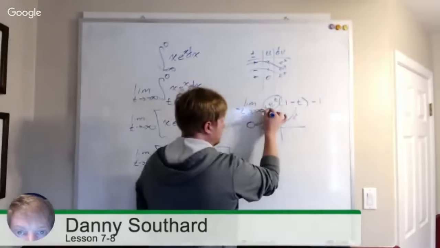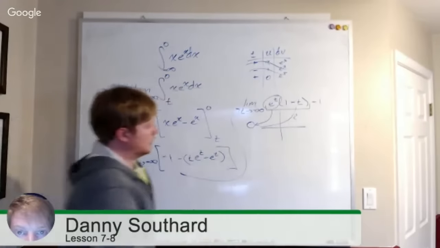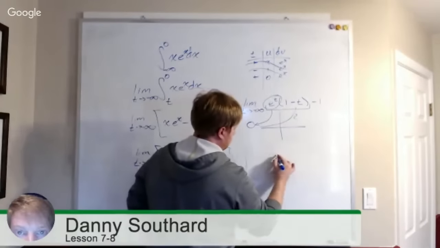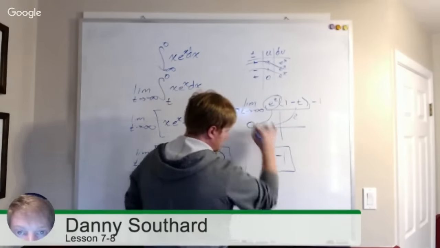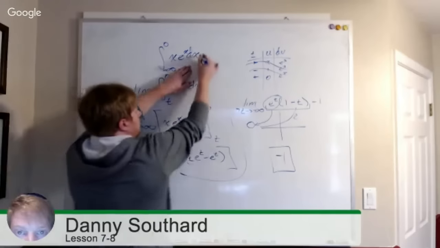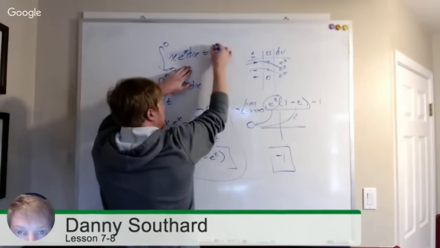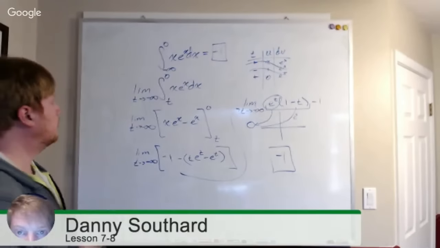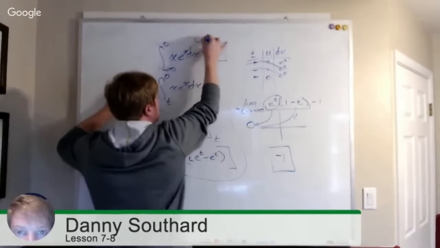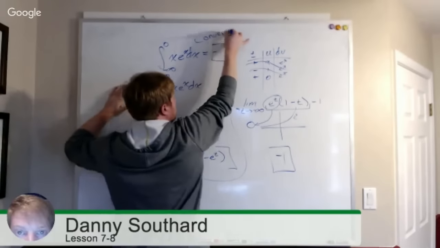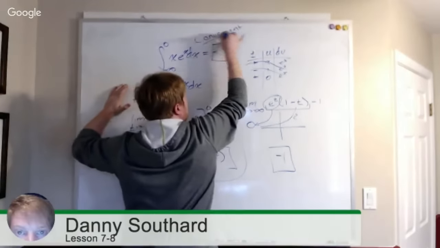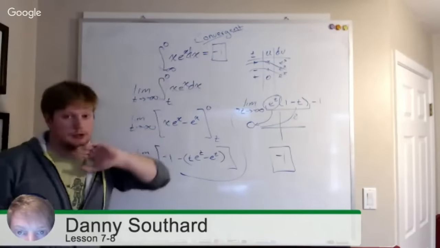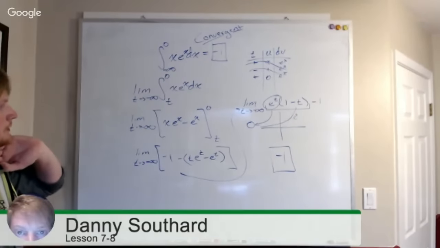So this equals 0, and I'm left with negative 1. So my initial integral here is evaluated to negative 1 and is therefore convergent. The integral converges to negative 1. Okay.